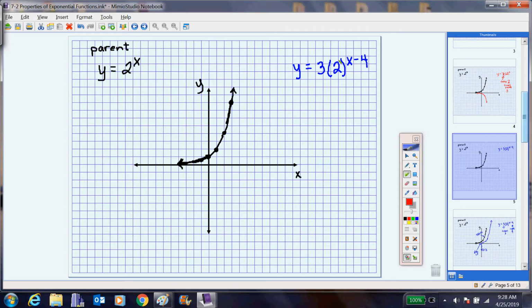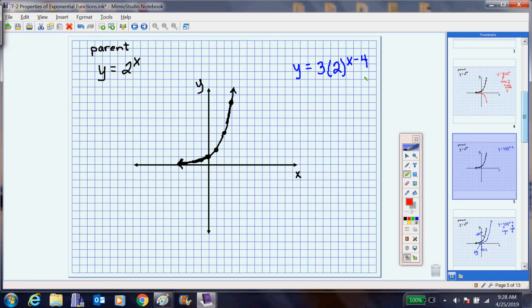Okay. What is happening? The x minus 4 tells us something, and the 3 tells us something. What does the x minus 4 tell us? It tells you right or left. From your knowledge from before, is it going to be right or left? It's going to be to the right. Remember, it's x minus h.